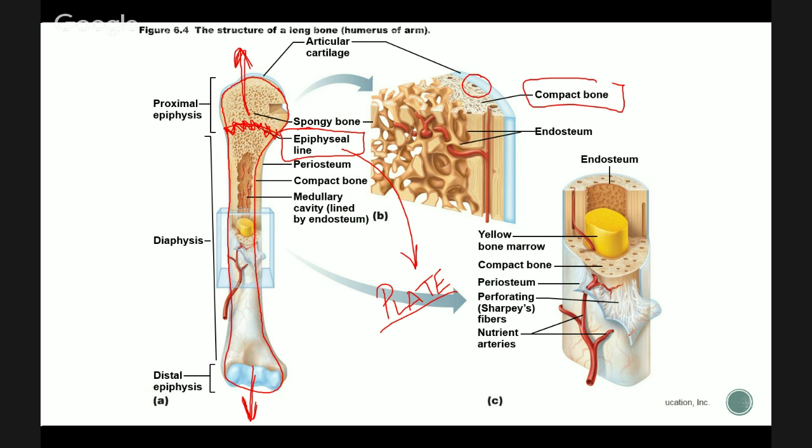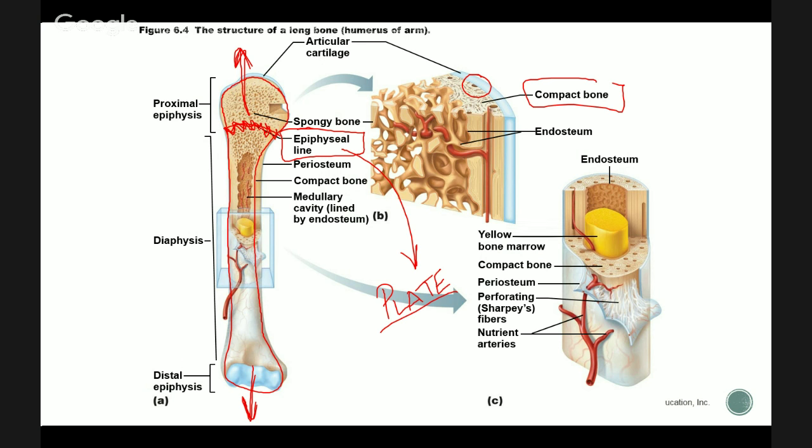You have new cells that are being pushed up, and then as those cells move up, they calcify and become bone. So you constantly have cartilage cells that are being given off, growing upward or outward, and then they calcify, and that forms new bone. As that continues to happen, the bone gets longer and longer and longer. So we'll come back to that. That's a great question.